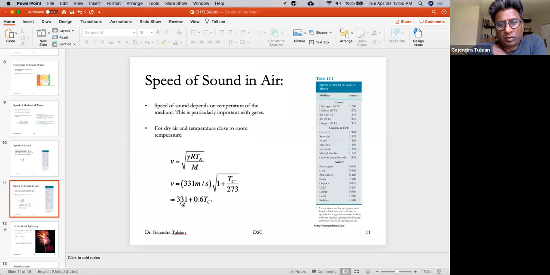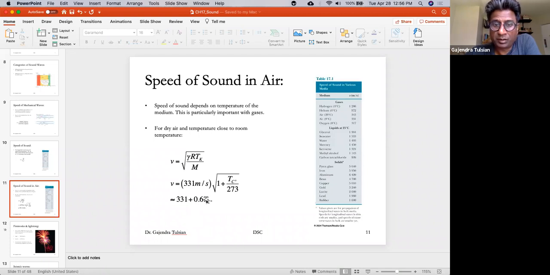So this is the speed of sound at 0 degrees Celsius, and for every degree rise in temperature, the speed of sound increases by 0.6 meters per second. And below 0 degrees, for every degree below zero, it decreases by 0.6 meters per second.